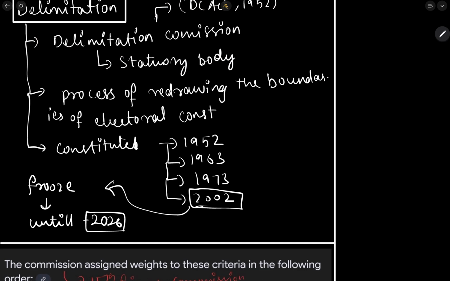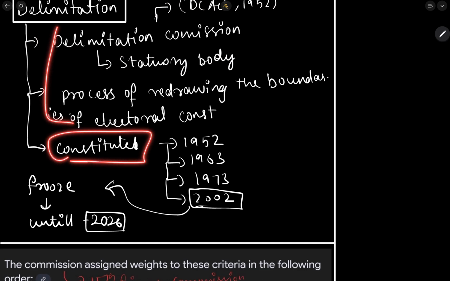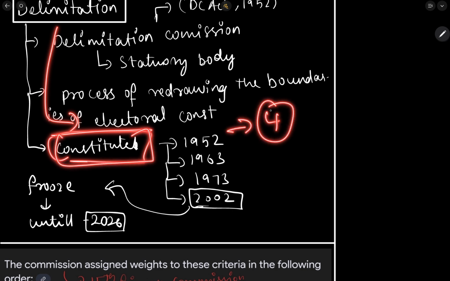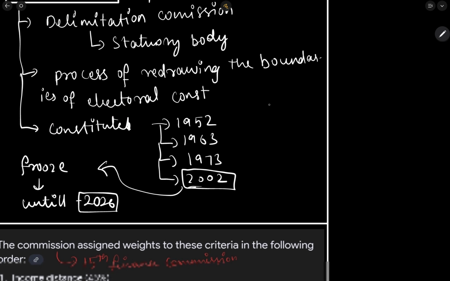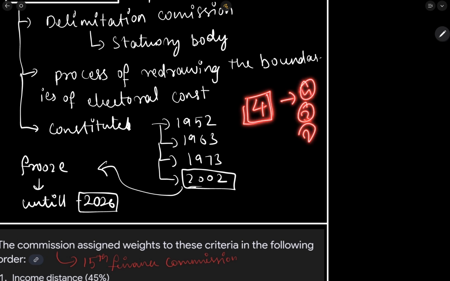Next, the Delimitation Commission has been constituted 4 times, which we also saw in our Prelims 2024 examination. The examiner asked how many times the Delimitation Commission has been constituted, whether 4 times, 3 times or 2 times.